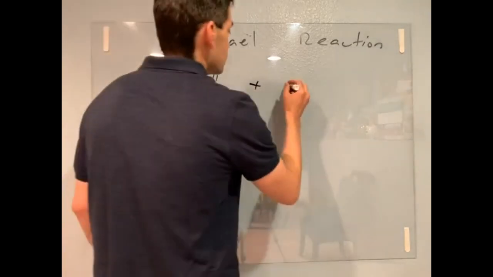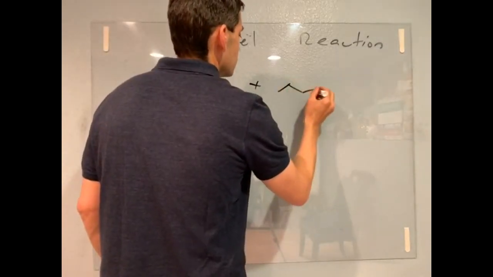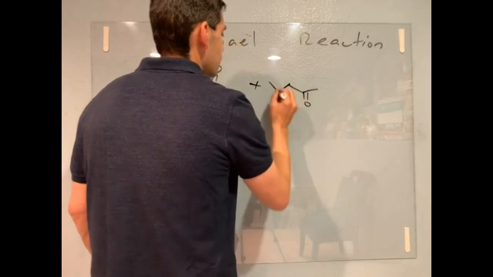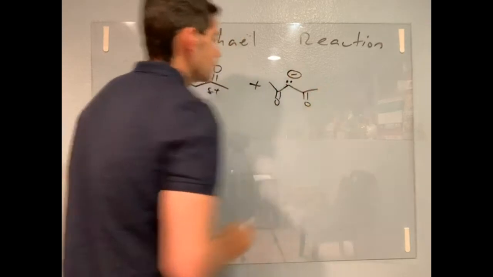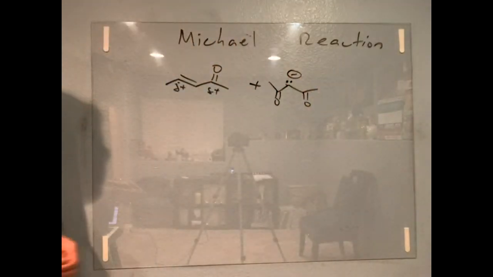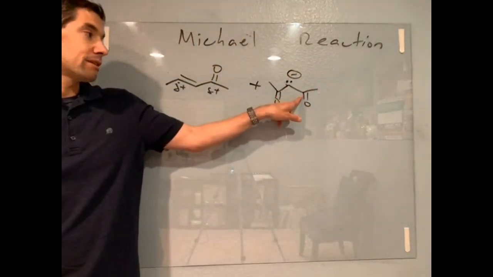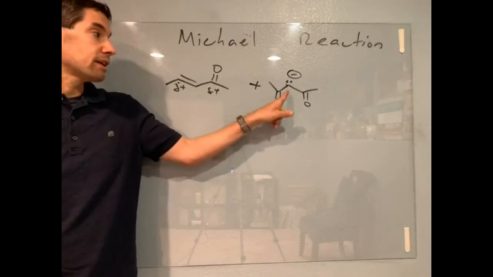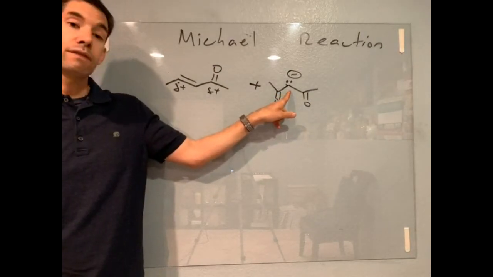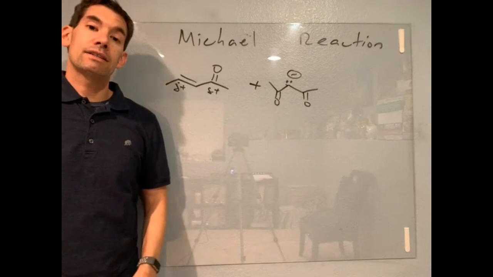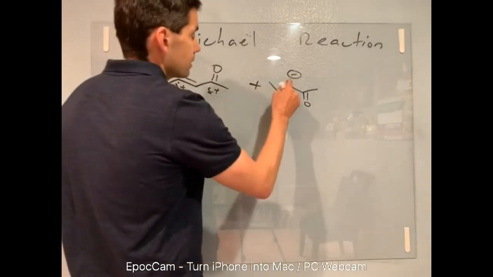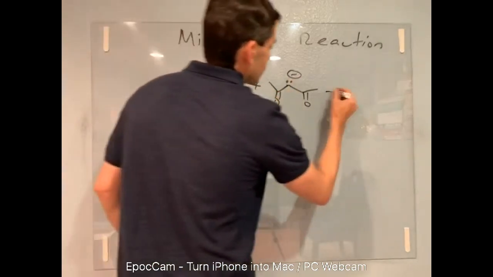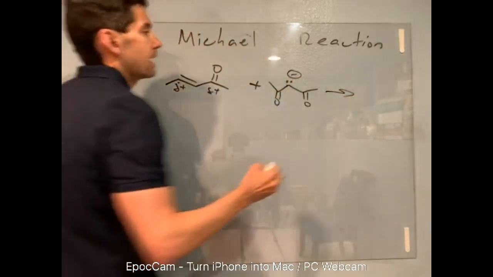We're going to use this species here, and we've seen this one already before, where we had this enolate between two different carbonyls. This enolate is nucleophilic, but it's not as nucleophilic as, say, our Grignard reagent. So this enolate is going to be a good nucleophile for our Michael addition, where our Michael addition is going to be that 1,4 addition.